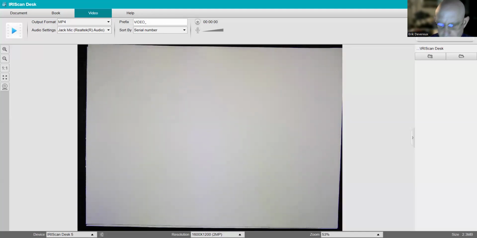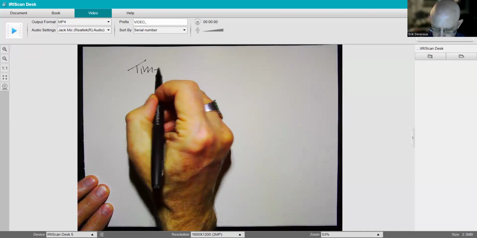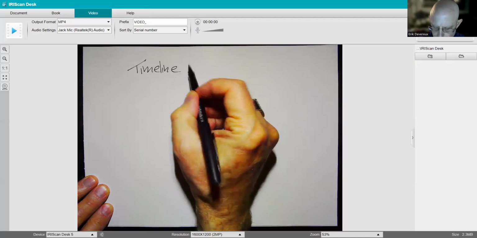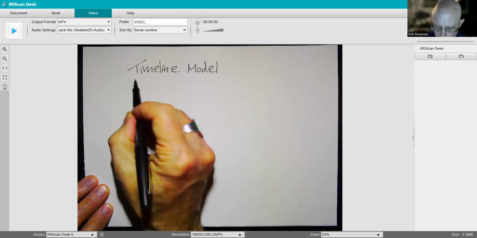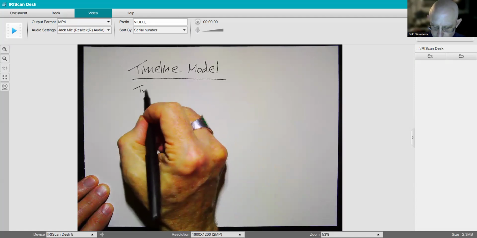I'm going to use an example that's not in the book. There are plenty of examples you can read in the book. I'm going to go into a different one. So we're going to talk about building a timeline model. The example I'm going to use here is traffic congestion at rush hour.